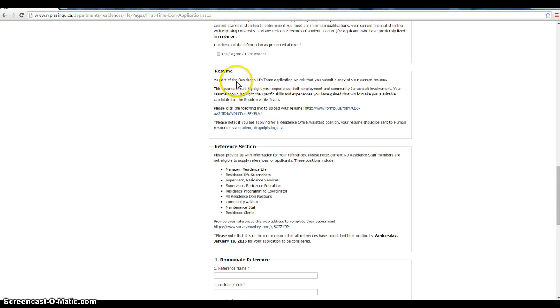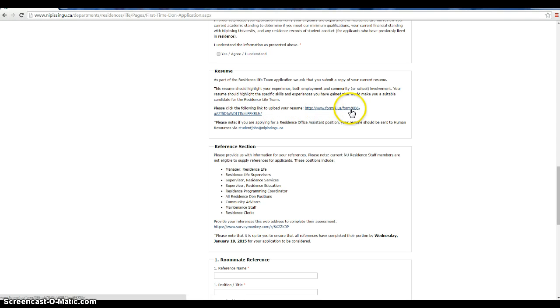Below, we are asking this year that you submit a copy of your current resume. This resume should highlight your experiences, both employment and in your community or your school that you've been a part of before. Many students come here with high school involvement records, being part of community clubs or what have you, and these should highlight the specific skills and experiences that you've gained, which would make you a suitable candidate.